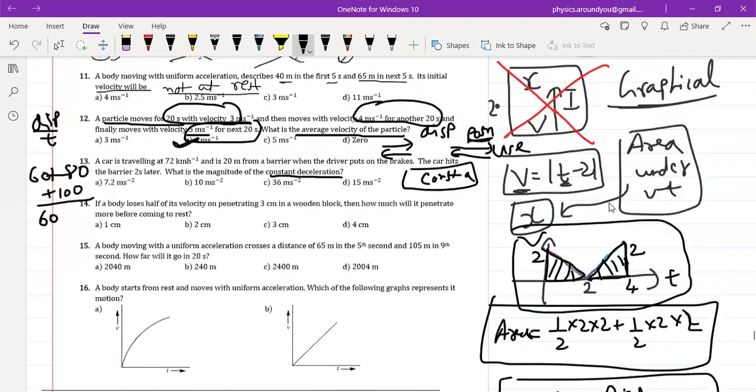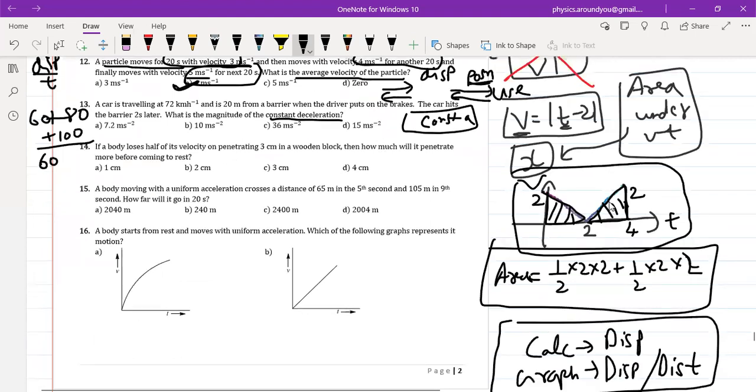So, yeah, now we will look at the 13th question. In the 13th question, initial speed is given as 72 kilometer per hour, and look at the other units, meters and seconds. If it is meters and seconds, we shall always convert kilometer per hour to meter per second.